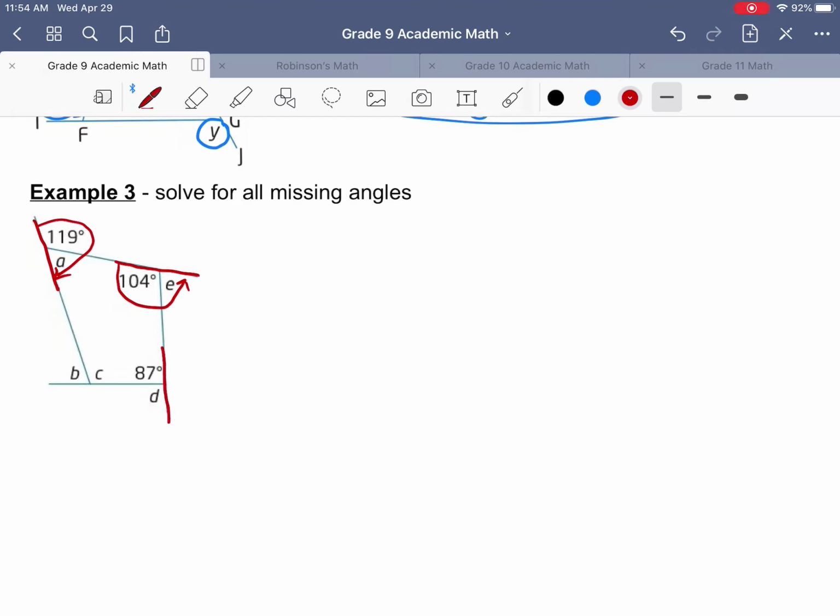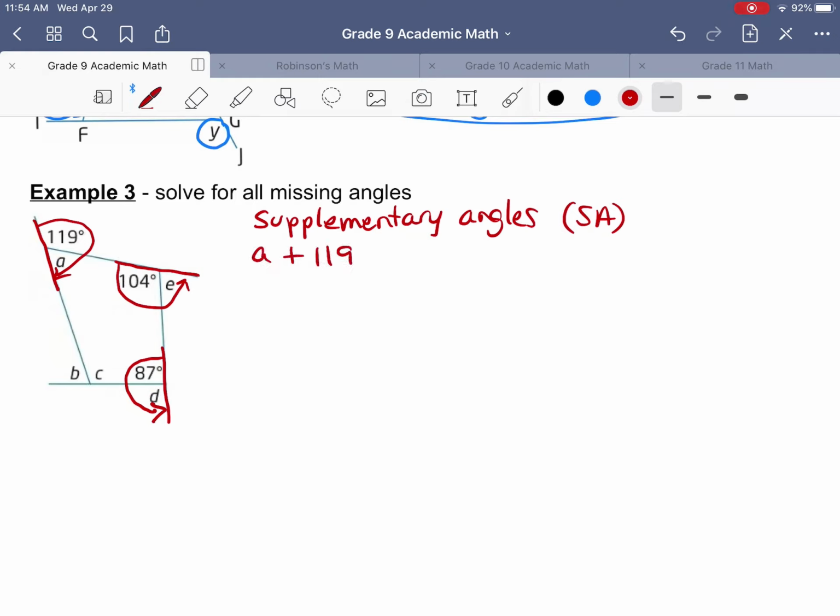And down here, we have 87 on one side of the line, D on the other. If we add these two together as well, we should also get 180 degrees. Okay, so we're going to solve for all of these using what we know about supplementary angles, or SA for short. So they need to add together to give us 180.